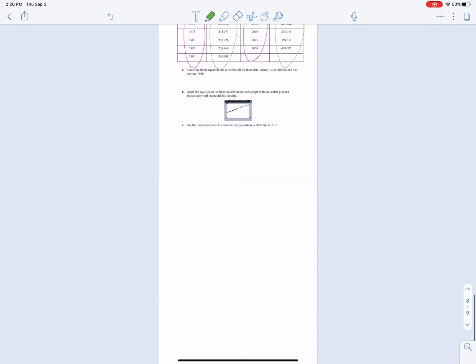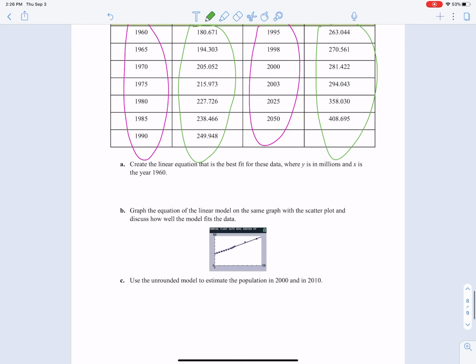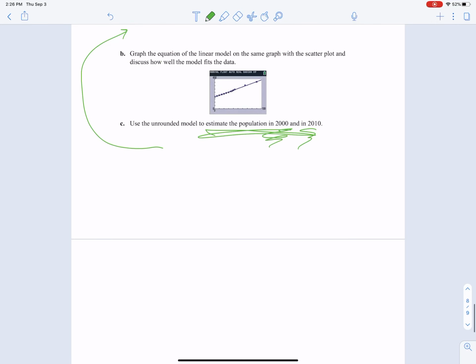That's going to get you that linear equation. All right, and then to estimate a population, or to estimate or approximate any of these, you take the years that they give you here, 2000 and 2010, and you plug them in to the equation you found in Part A. Okay, that's it. But again, that stuff will not be on the test.